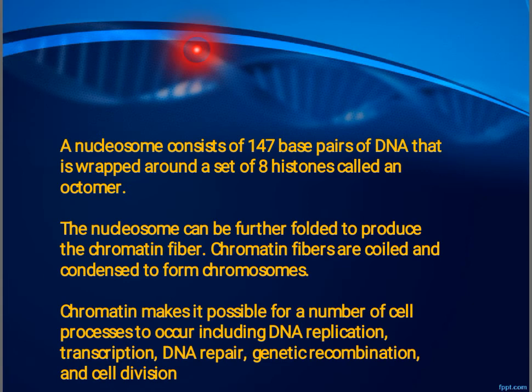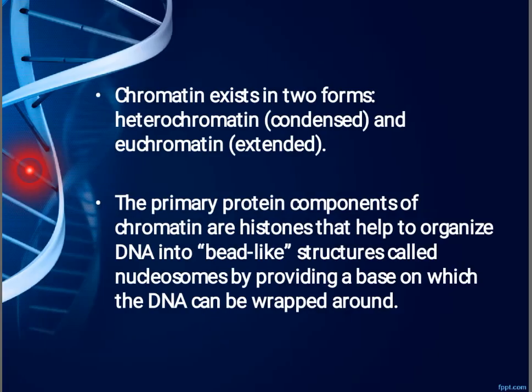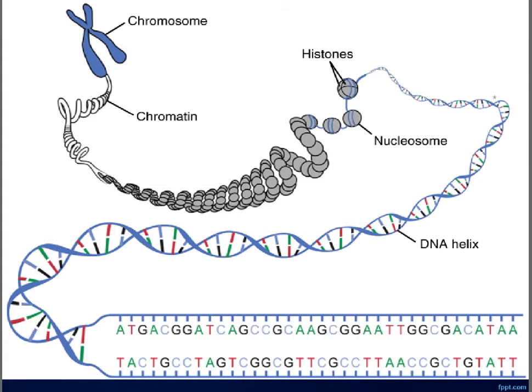Chromatins make possible function in the processes of DNA replication, transcription, DNA repair, genetic recombination, and cell division. So again I will go back and show this structure of chromatin.